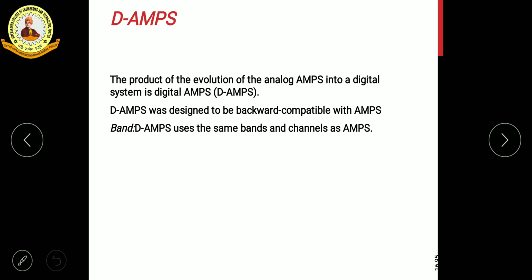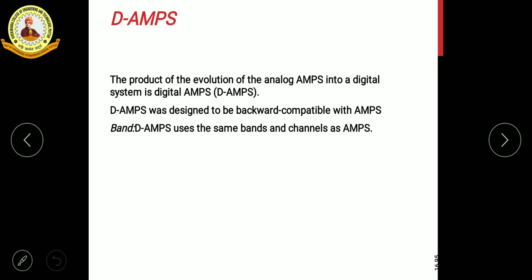DAMPS, the product of evolution of the analog AMPS into a digital system, has evolved into digital AMPS. Right? DAMPS was designed to be backward compatible, means your 2G phones, in the 1990s I am talking about, are compatible with the 1G network also.